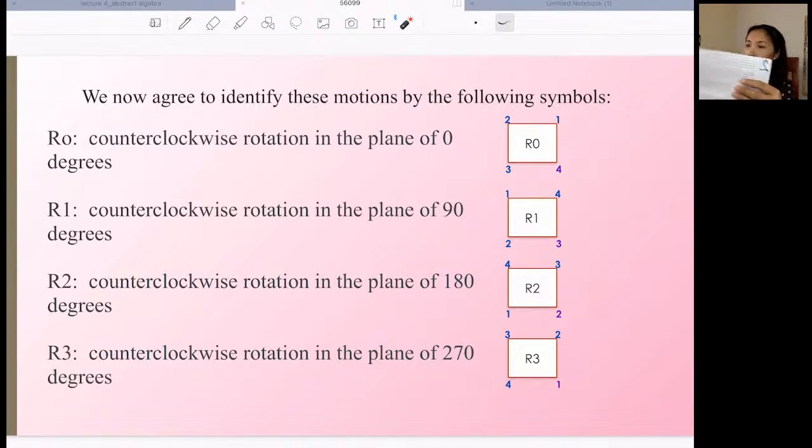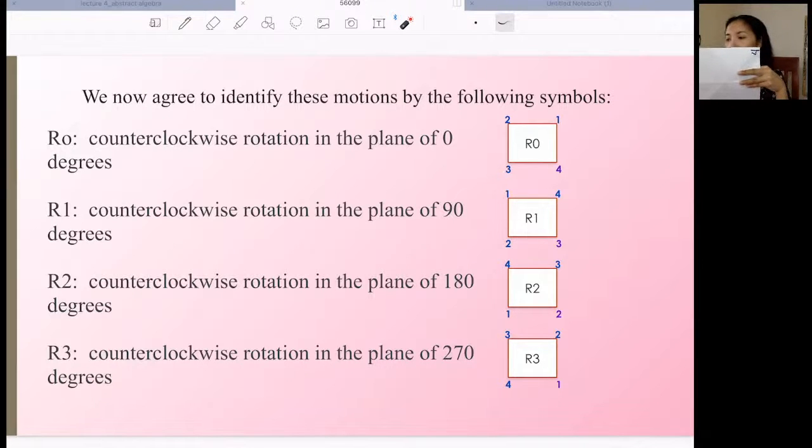So it would be like this. What will appear on the top vertices? Your top vertices will now be, instead of 2, 1, it will now be 1, 4, 2, 3. Can you see this? It will now be 1, 4, 2, 3.